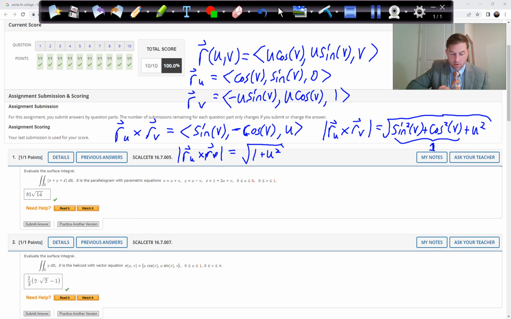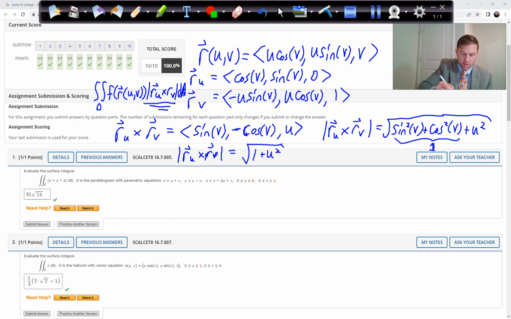Okay, and that is going to replace, I suppose I should write our equation somewhere. We're trying to do the double integral over region D of the function, replacing any x's and y's with u's and v's, and then multiplying by the magnitude of the vector ru cross rv dA. And we just found this part. So that part's done.